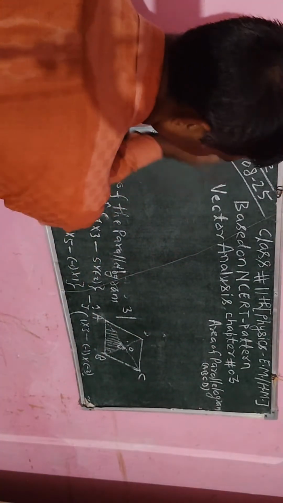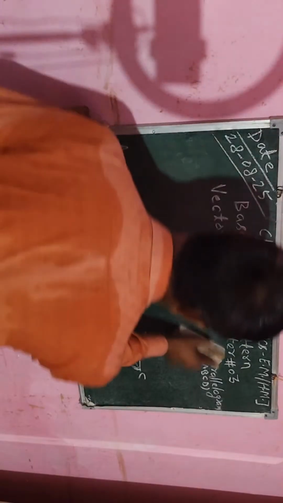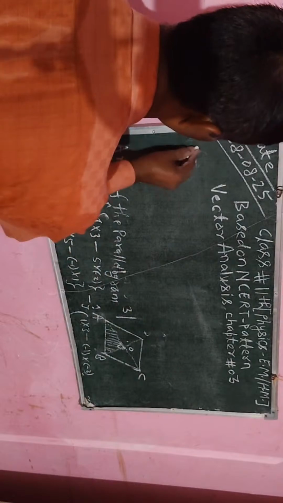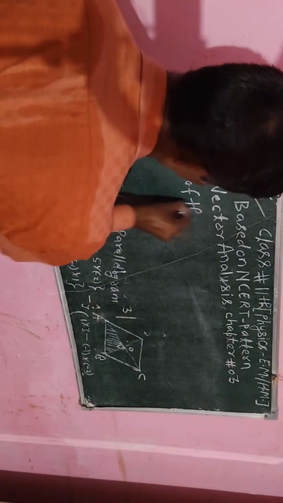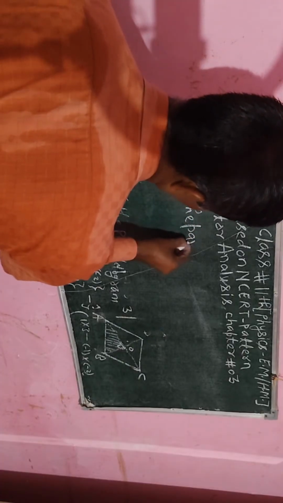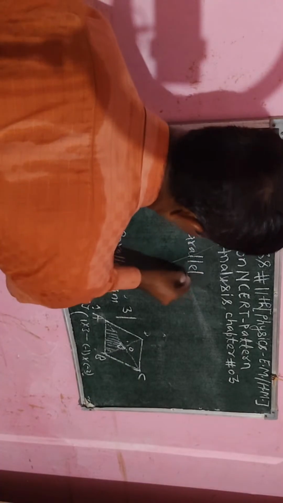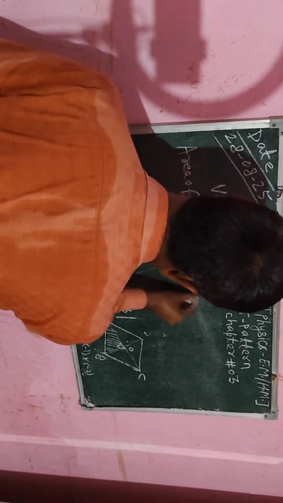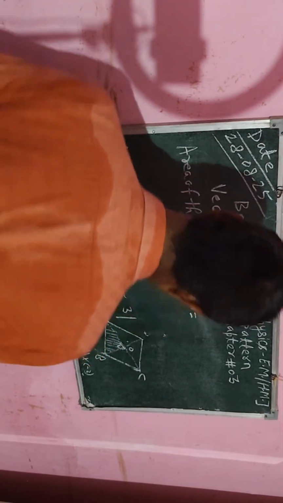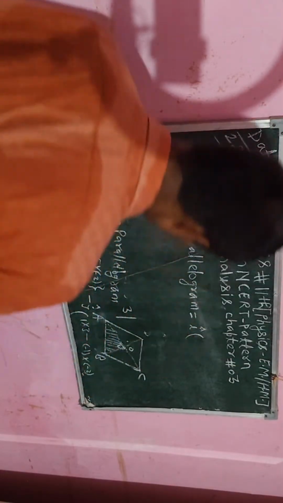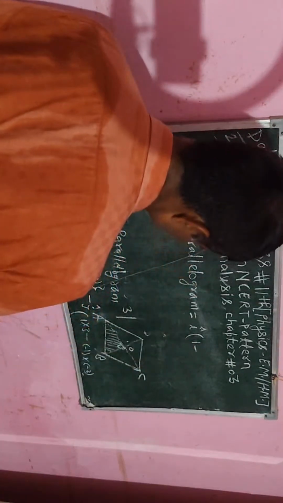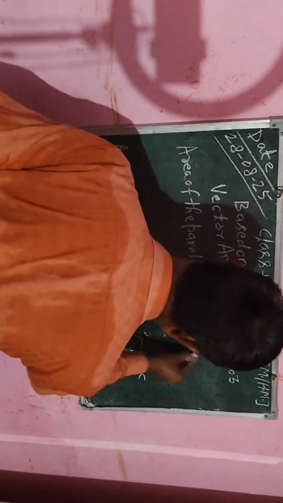So here I will write area of the parallelogram, which is equal to vector i cap, and then here 3 minus and minus plus 5, so that will be 10.